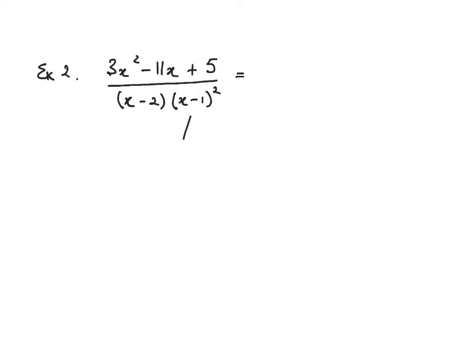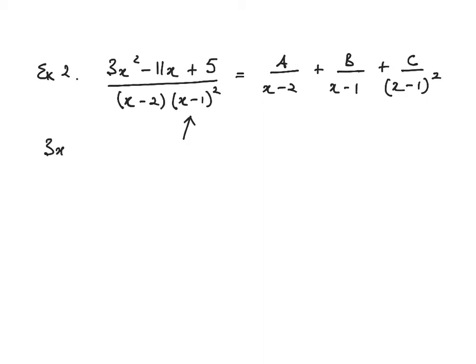Now here is the repeated linear factor. So the first term we're going to have is a over x minus 2, then we'll have b over x minus 1, and then we'll have c over x minus 1 squared.